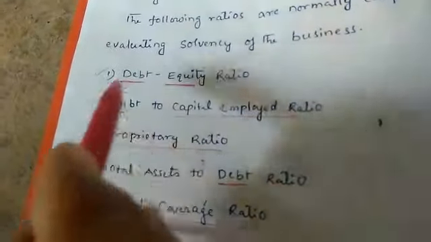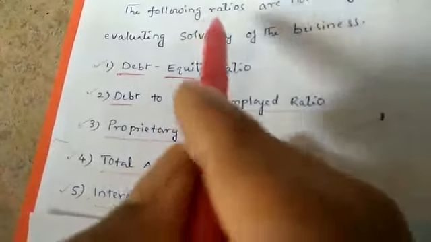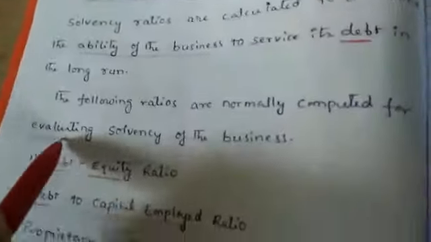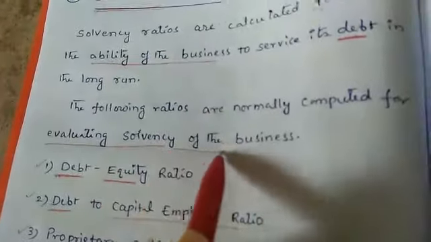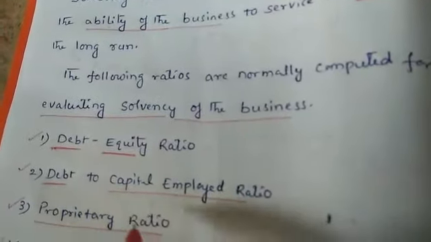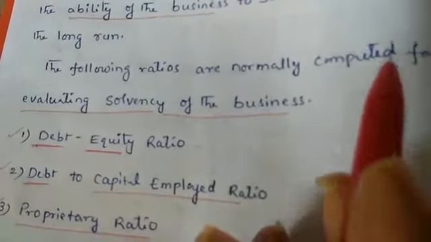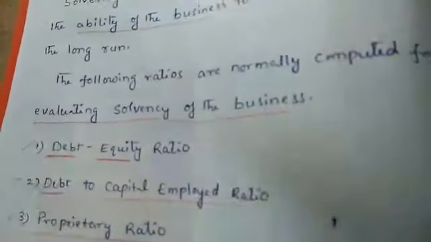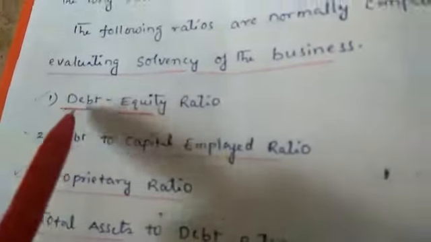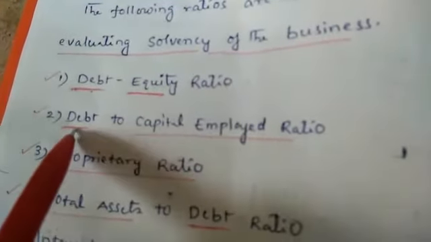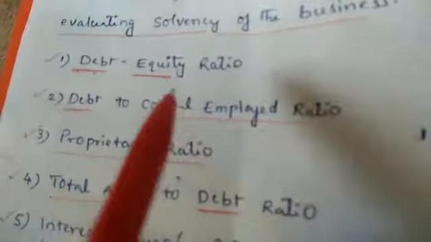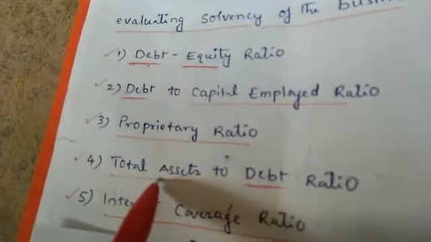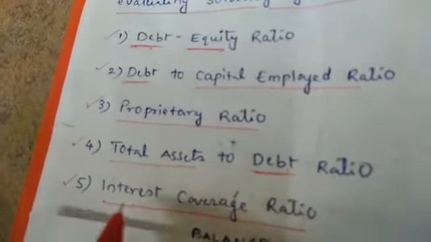For what purpose do we calculate these ratios? They are computed for evaluating the solvency of the business. But here some different terms are there: debt, equity, capital employed, proprietary funds, total assets, interest coverage ratio.